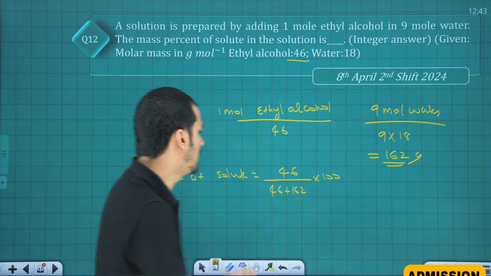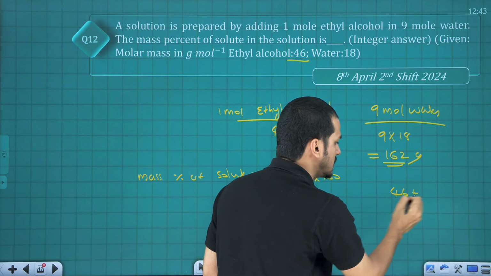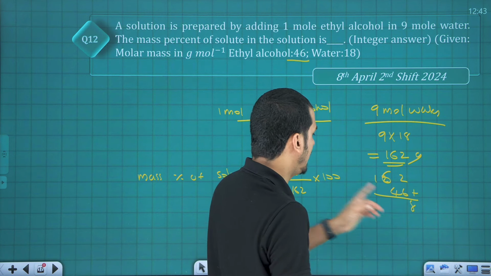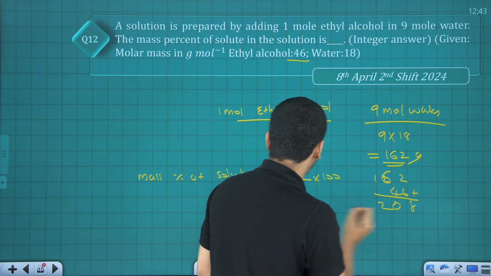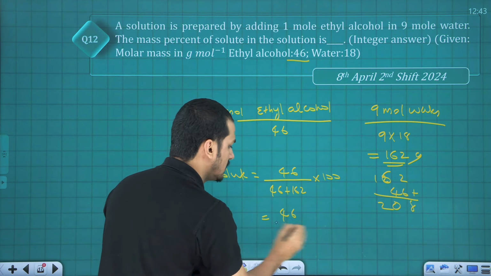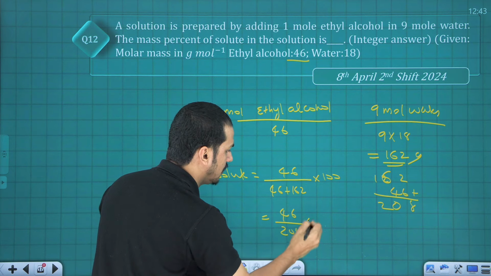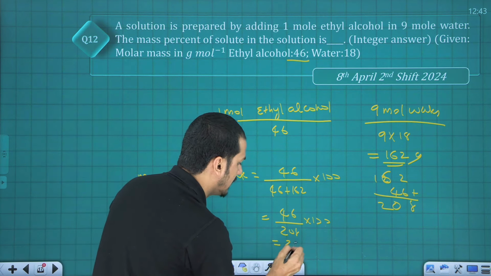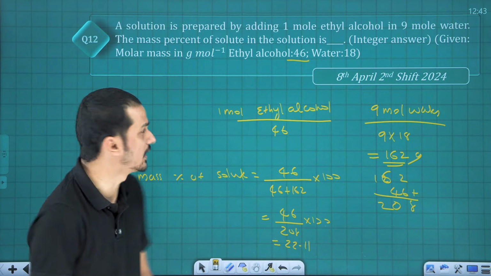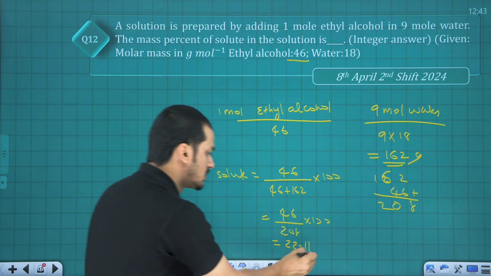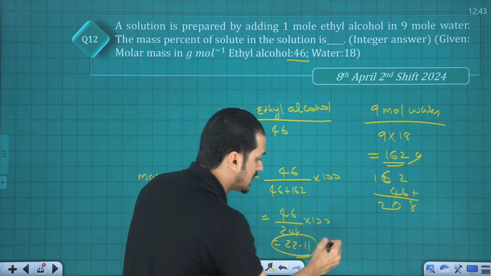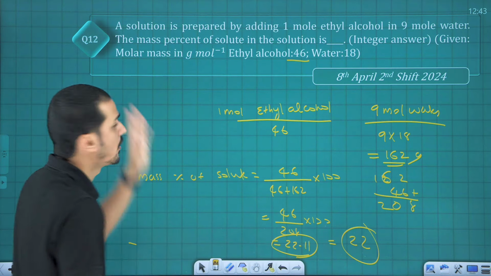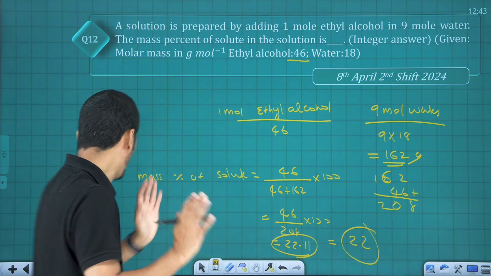Adding 46 and 162 gives 208. So 46 divided by 208 into 100. If you solve, you will get 22.11. The nearest integer is 22. So 22 is the correct answer for question 12. Clear, dears? Yeah, fine.